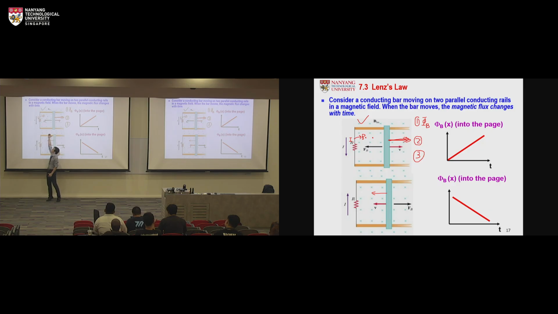So you can have this B pointing out of the page inside this loop, right? And you can find out this is going to be the induced I. And the opposite scenario, the same way to do it.